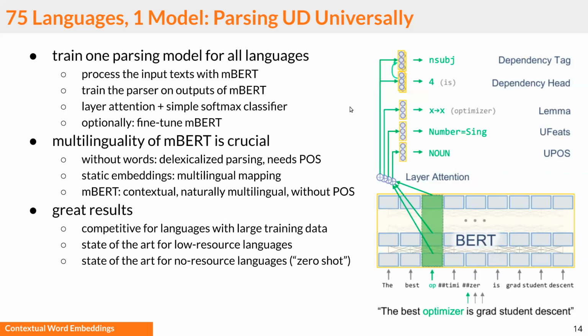And then there were some improvements. Here there was something called layer attention. This is what I mentioned. You might take just the last layer, but here what Dan Kondratyuk did was to take all the layers, but to train some kind of layer attention.